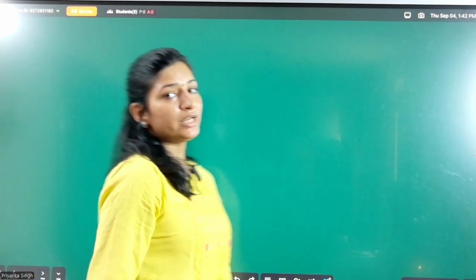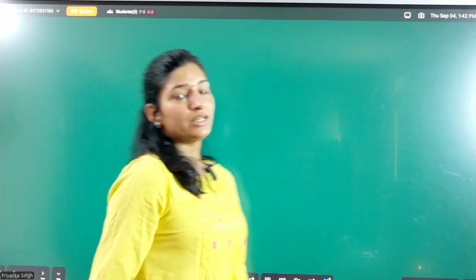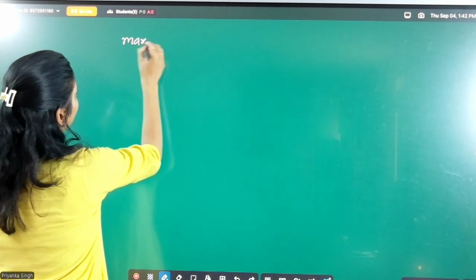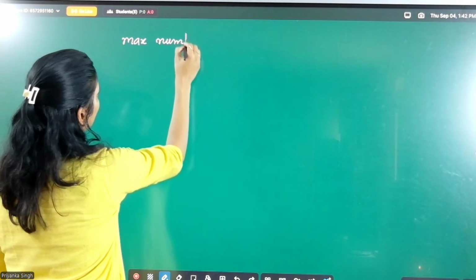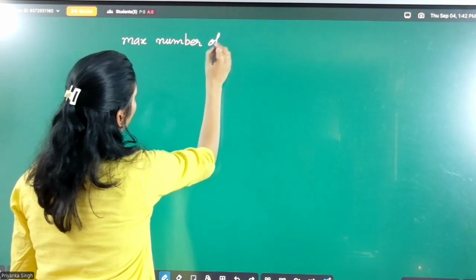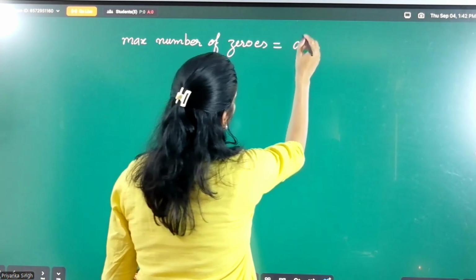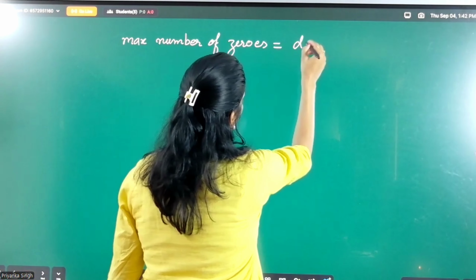Now, do you know that the number of roots in a given expression and its degree, these two things are related. So let's see how the degree and total number of zeros are related to each other. The maximum number of zeros of a given expression is equal to the degree of the expression.